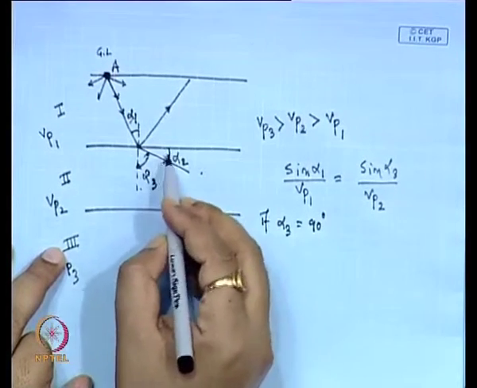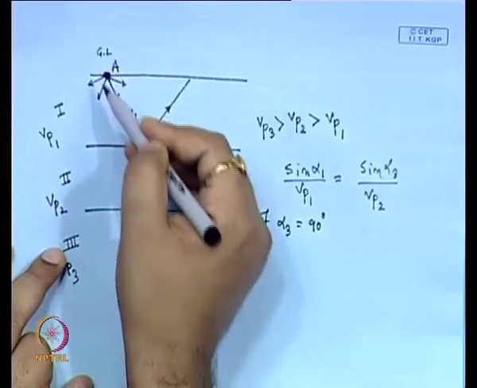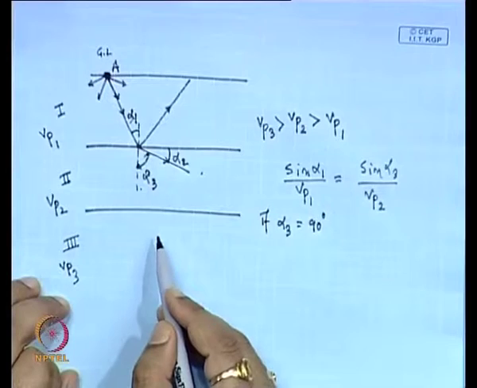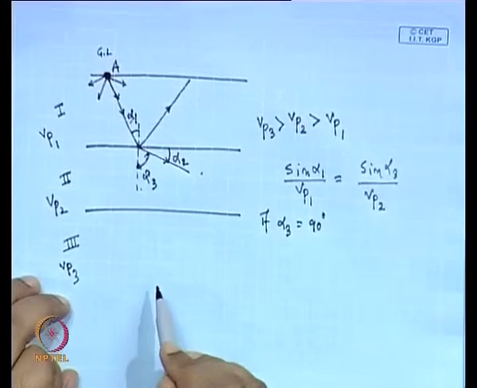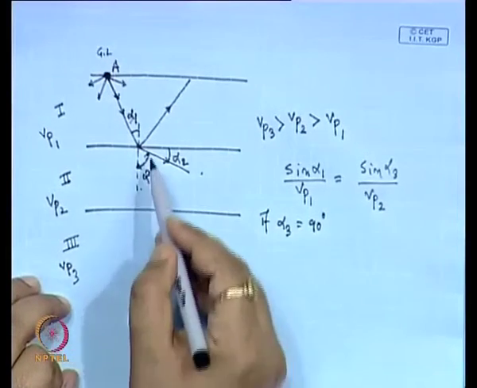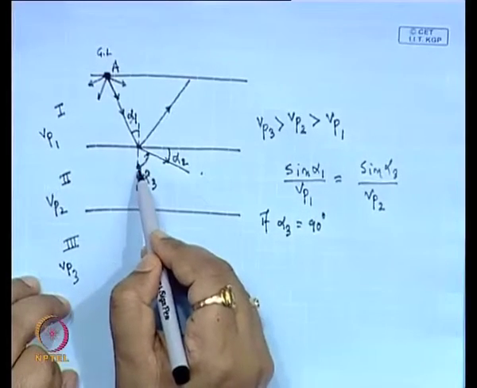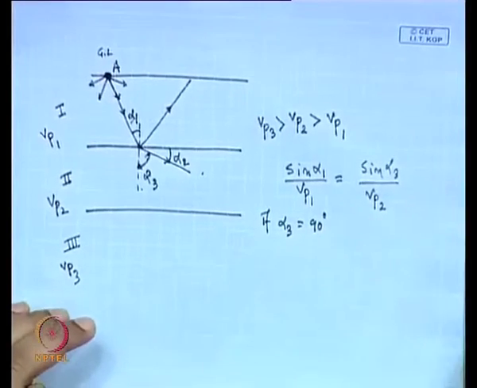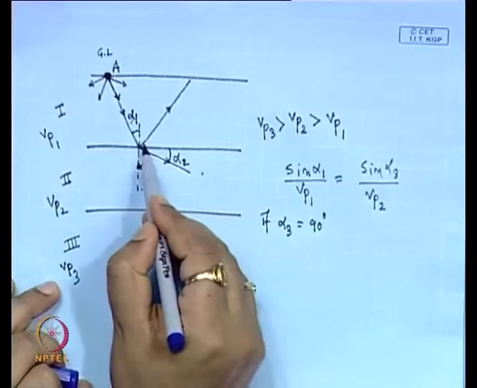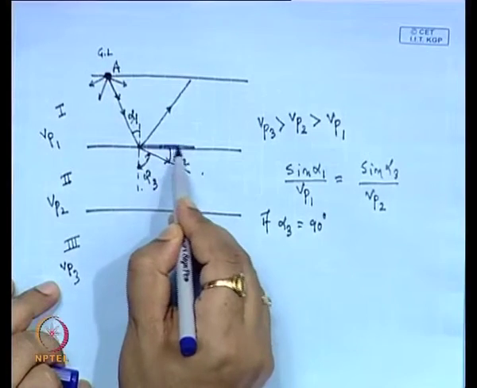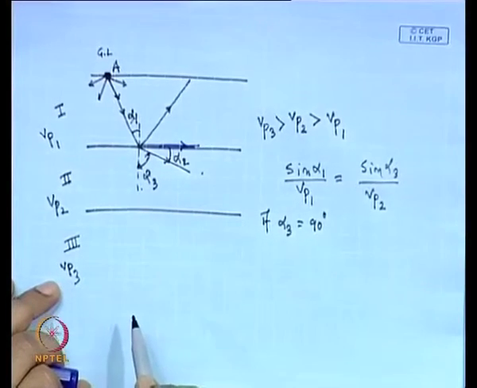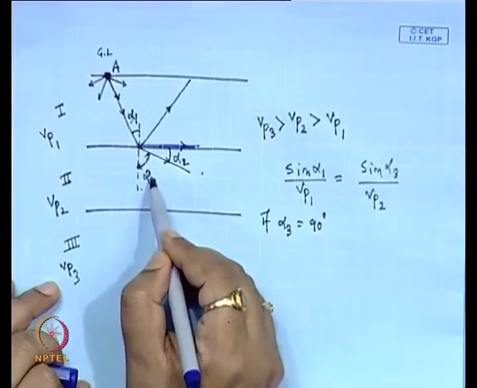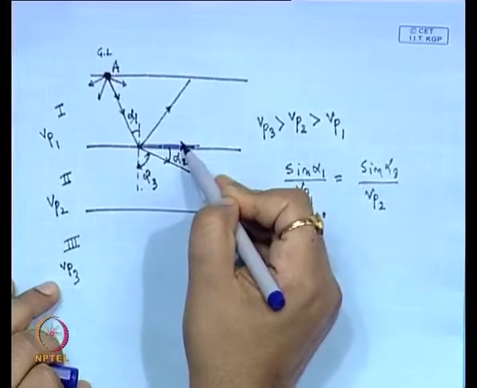That will happen if the alpha 1 angle is such that after this refraction this alpha 3 angle is 90 degrees. So, it means that after the refraction this ray will follow this path, as this angle alpha 3 is 90 degrees.